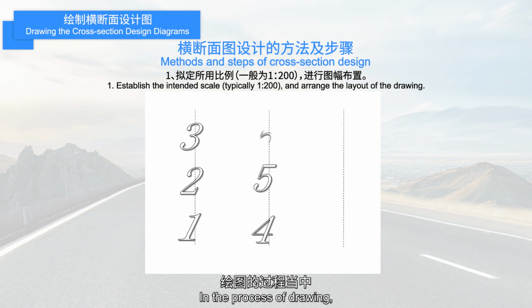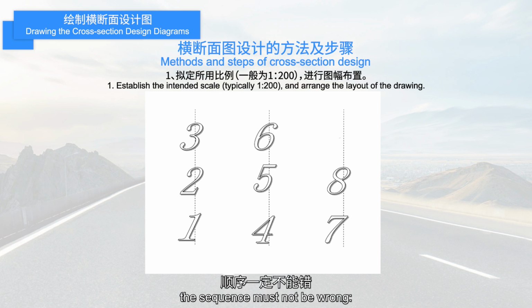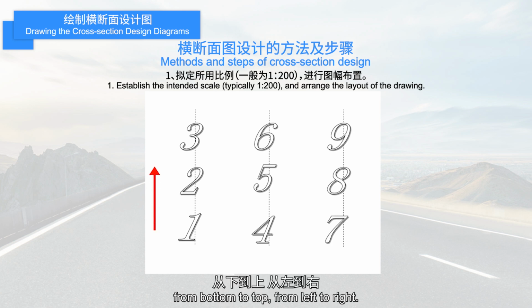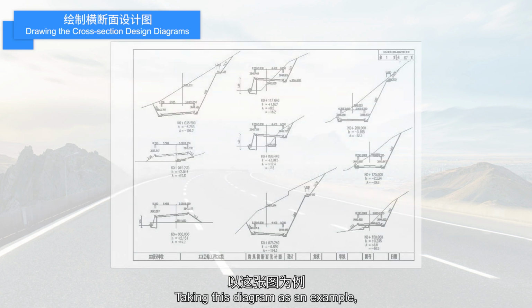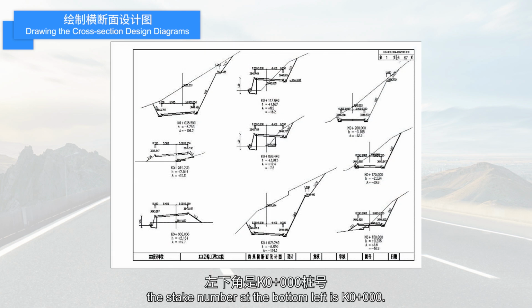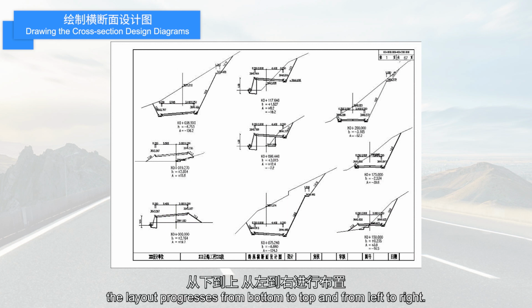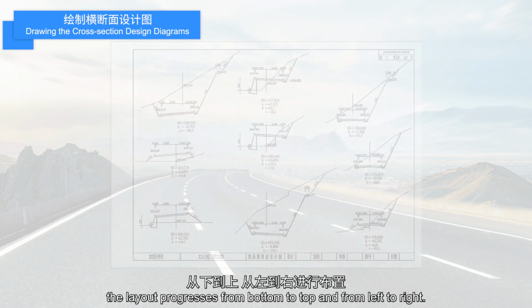In the process of drawing, the sequence must not be wrong, from bottom to top, from left to right. Taking this diagram as an example, the stake number at the bottom left is K0+000. As the stake number increases, the layout progresses from bottom to top and from left to right.